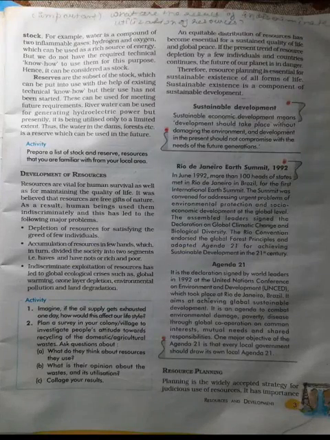And reserves are the subset of the stock which can be put into use with the help of existing technical know-how, but their use has not been started. So those are reserves.